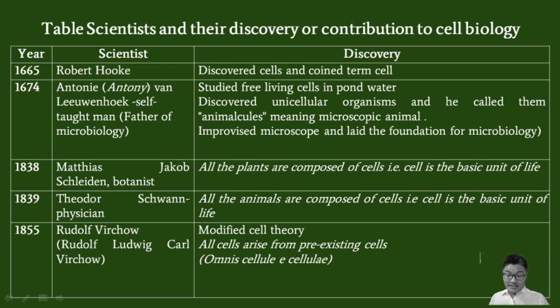Firstly, he studied protozoans. So Leeuwenhoek studied free living cells in pond water. He visited a pond, took some water from there and then observed it under his own microscope. He was also very interested in designing spectacles.